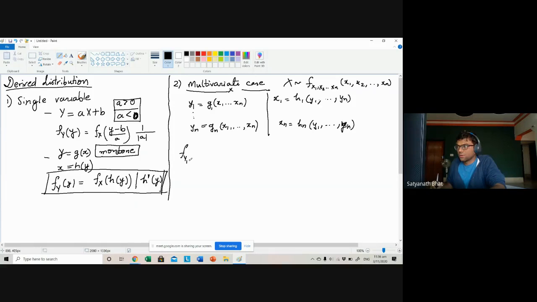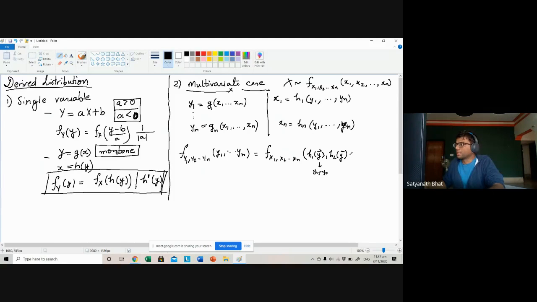So what is that? f_{Y1...Yn}(y1 to yn) is very analogous to that. You have x1 to xn, and now you need to have functions in terms of y. So every x you are going to replace with the equivalent functional form, that will be h1 of y bar, where I write y bar to indicate y1 to yn with an arrow, just to make my life a little easier.